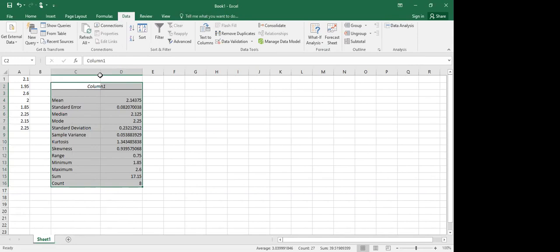Now we have the mean here to be 2.14. Skip standard error. We are going to learn about that later on in chapter 6. Then the median is 2.12. The mode is 2.25. The standard deviation and the variance that we have here are for the sample, unlike on your calculator, which gives you both the sample and population standard deviation.